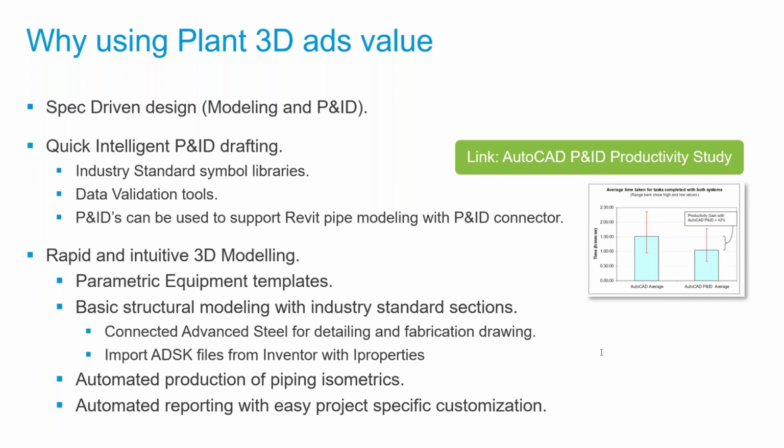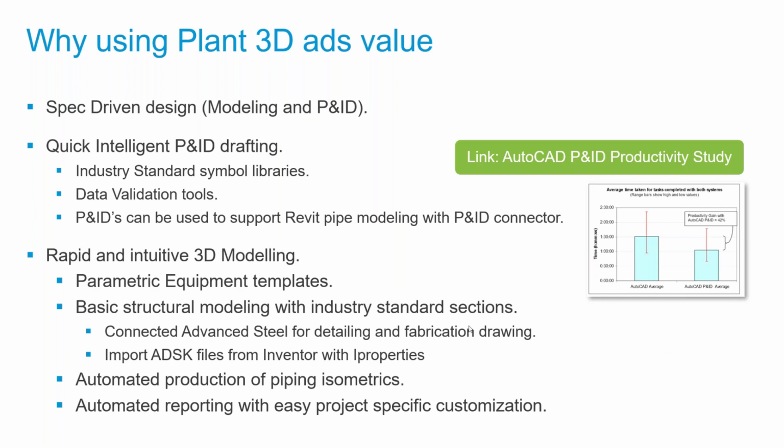You can also import from Inventor. So AutoCAD Plant is well connected with different products, which can bring a lot of value in your project, not only for sharing design or sharing models, but also to bring its own capabilities.